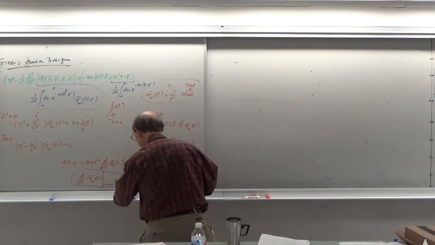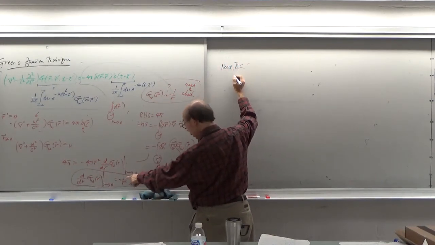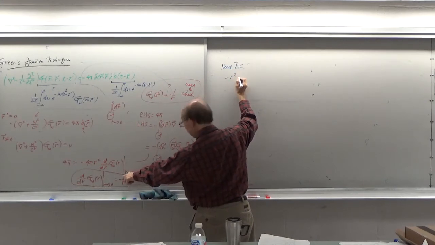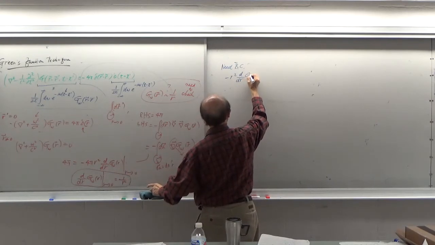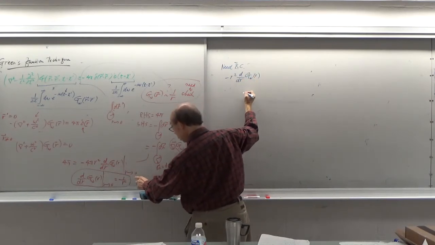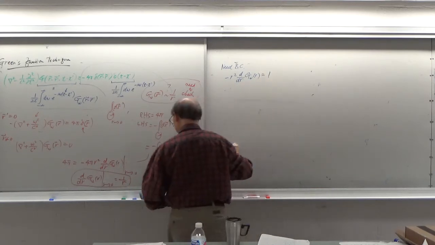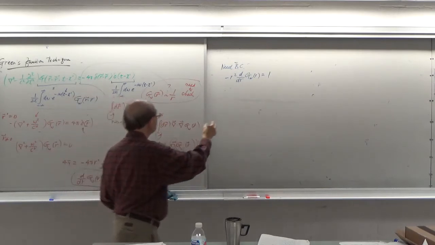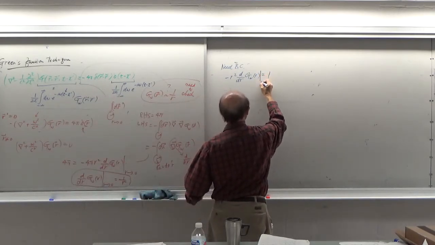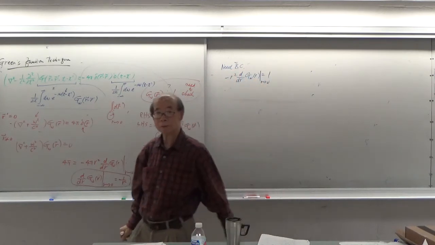So let me put it on the other side. Given by minus r squared d by dr acting on this Green's function has to be equal to 1. Have we got the sign right? Minus is already there. R squared, yes, as r goes to 0. So this is the boundary condition that we have to make use of.